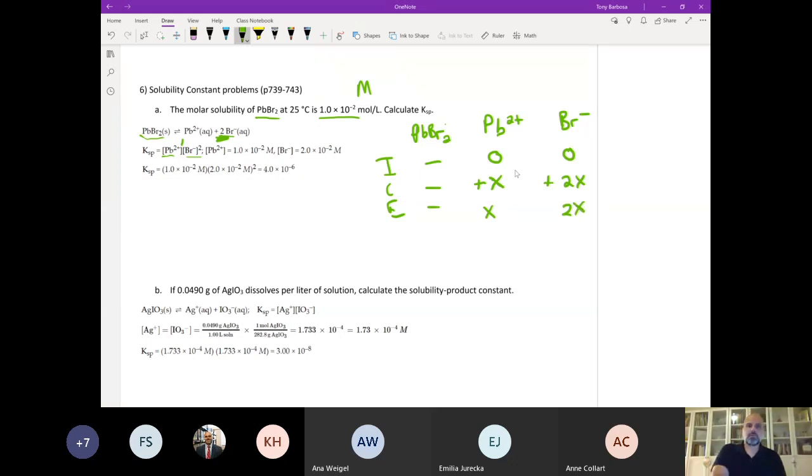Now we know from this particular example what the molar solubility is, right?